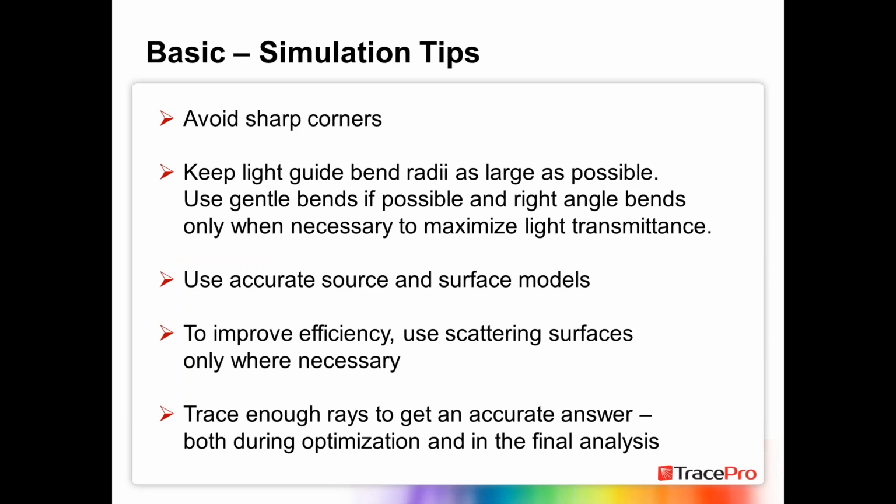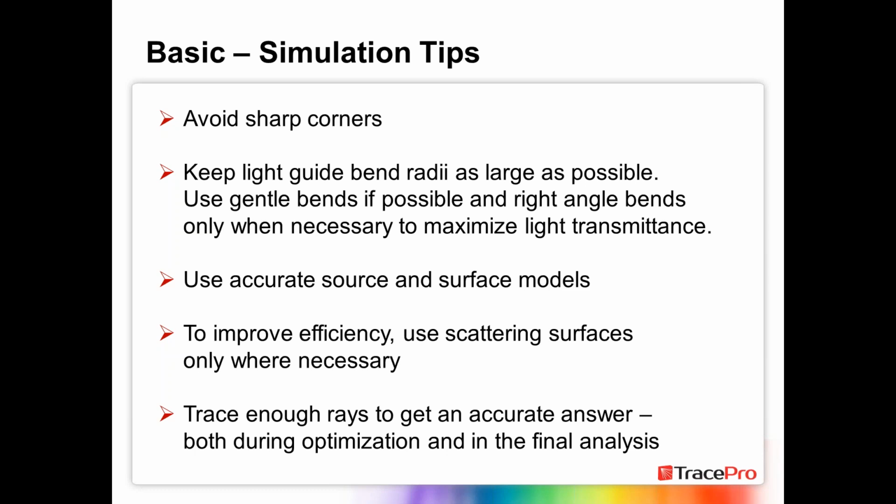And to do that, as we're going along, we want to avoid sharp corners. We want to keep these light guide bend radii as large as possible, using gentle bends if possible, and only right angle bends when necessary to maximize light transmittance. And when we simulate these things, we need to have an accurate source model and surface models so that if the light leaks out, we have that in our simulation.